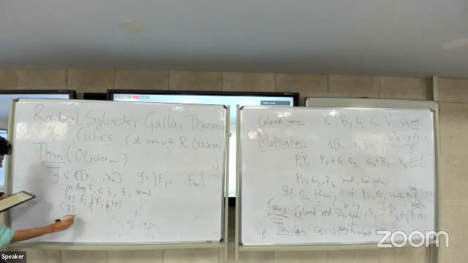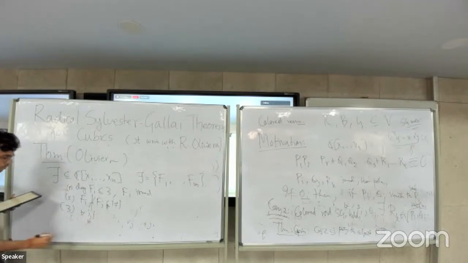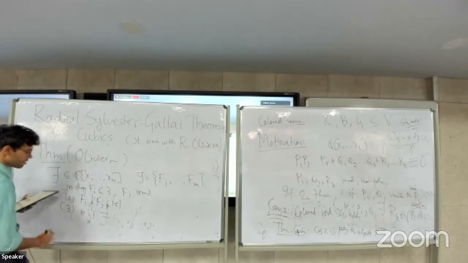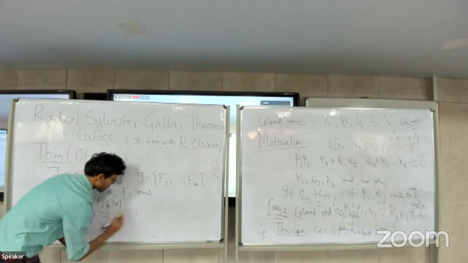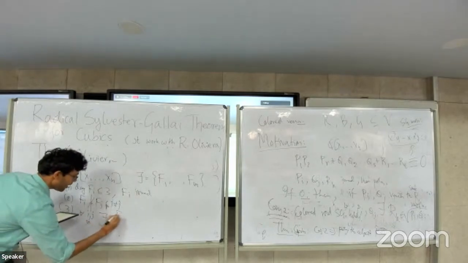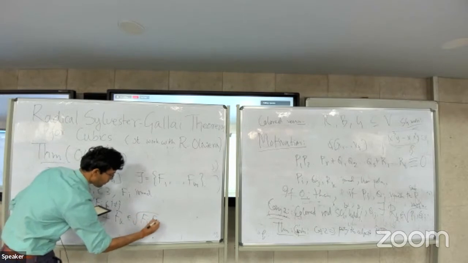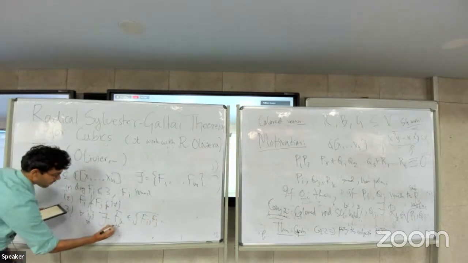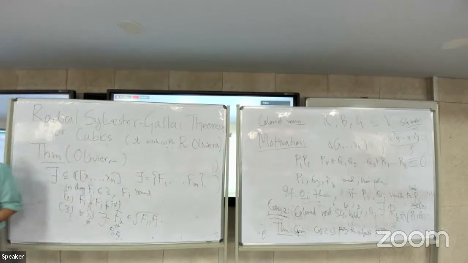Number three is our actual condition. For all i not equal to j, there exists a third polynomial fk in the radical of fi, fj, where fk is not equal to fi or fj, a new polynomial.